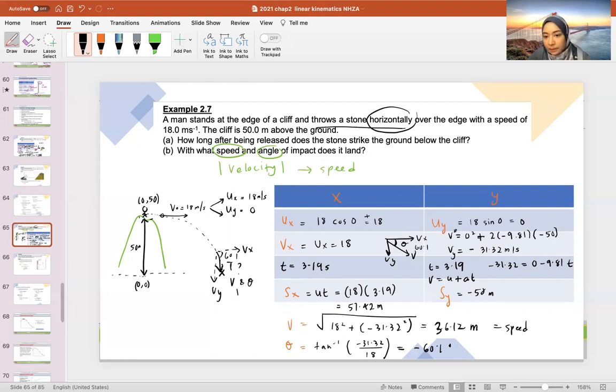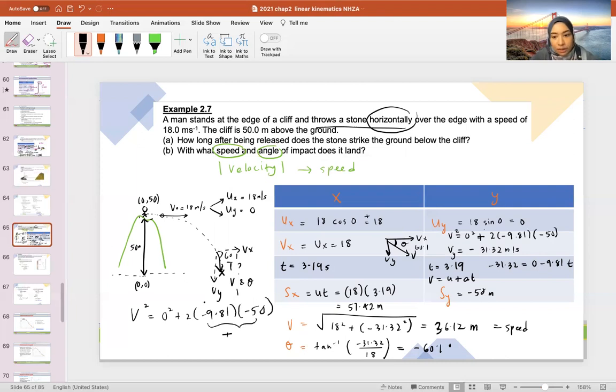So because here kita pakai V squared kan. Bila kita ada V squared bermaksud kita kena square root this whole thing untuk dapatkan V. Okay, let me just write it somewhere else. When we have V squared equals 0 squared plus 2 times minus 9.81 times minus 50, these two things become positive, betul?